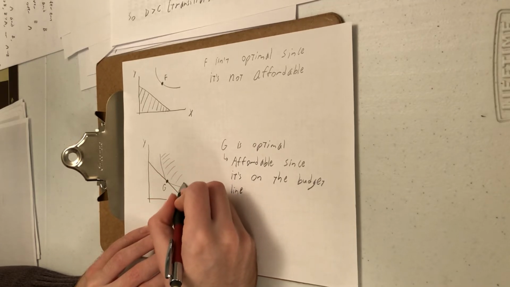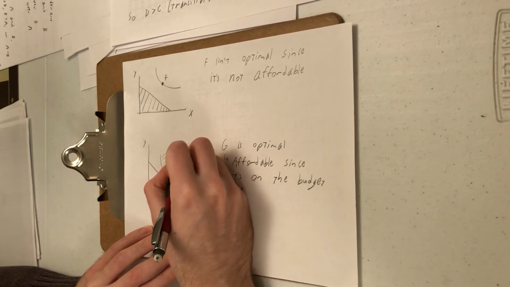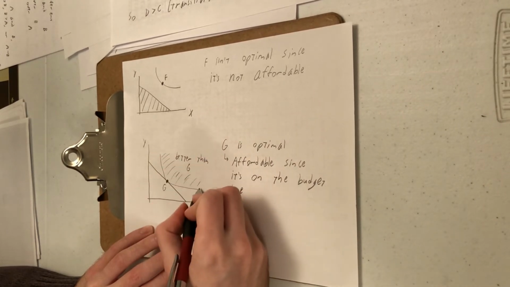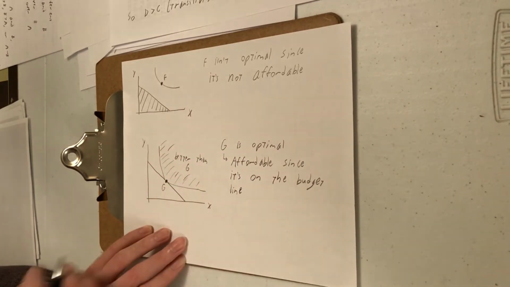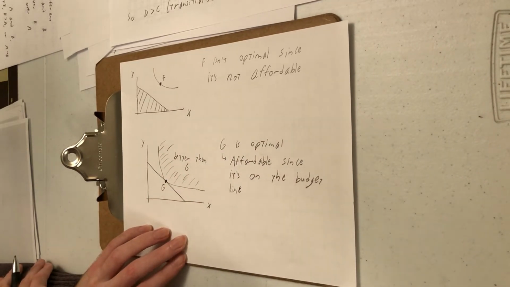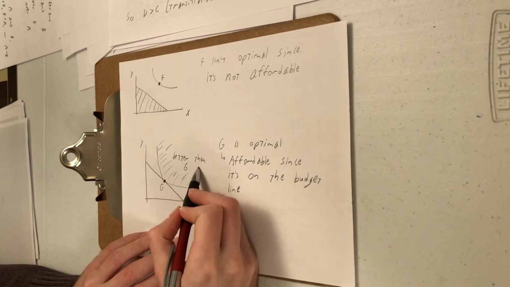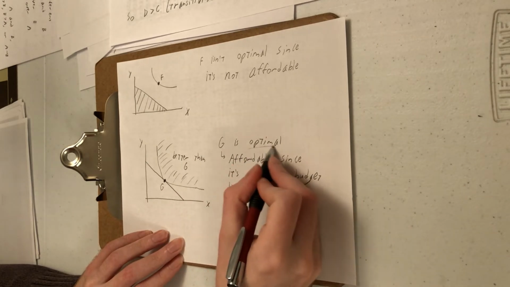So everything out here is better than G. This whole region above the curve is all better than G. As you can see, however, everything that's better than G is not affordable. So that means that G is the best that we can afford. So G is optimal.